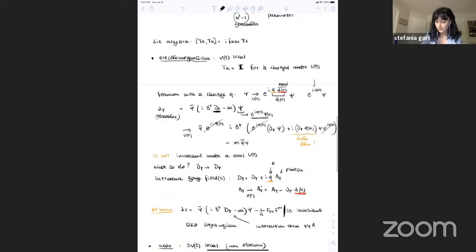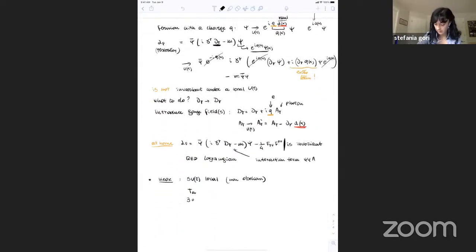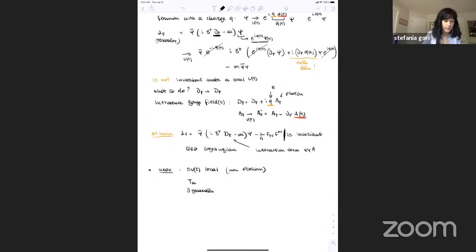So in this case, we expect to have 3 generators for this SU2, and these are for the fundamental representation of the group. These are the Pauli matrices, sigma A, and typically people use a different normalization, so there is a 1/2 here. It doesn't really matter too much.